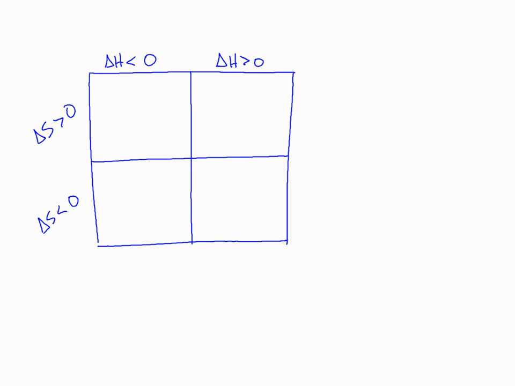Look at your other chart. Delta G is less than 0. So we'll go ahead and write that. What does that mean? Favorable. Thermodynamically favorable. Specifically at all temperatures. Doesn't matter what the temperature is, this reaction could happen.